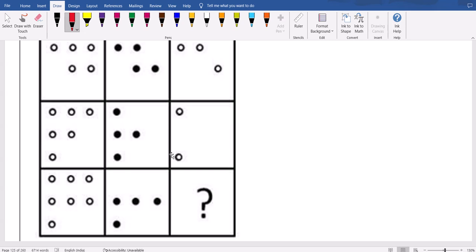You see what is happening row wise, better you go row wise. Row wise, what is missed here? This dot is removed. That one is diagonally removed. Here, this one is removed first. Next, this is removed. Middle one shaded, right one is unshaded.